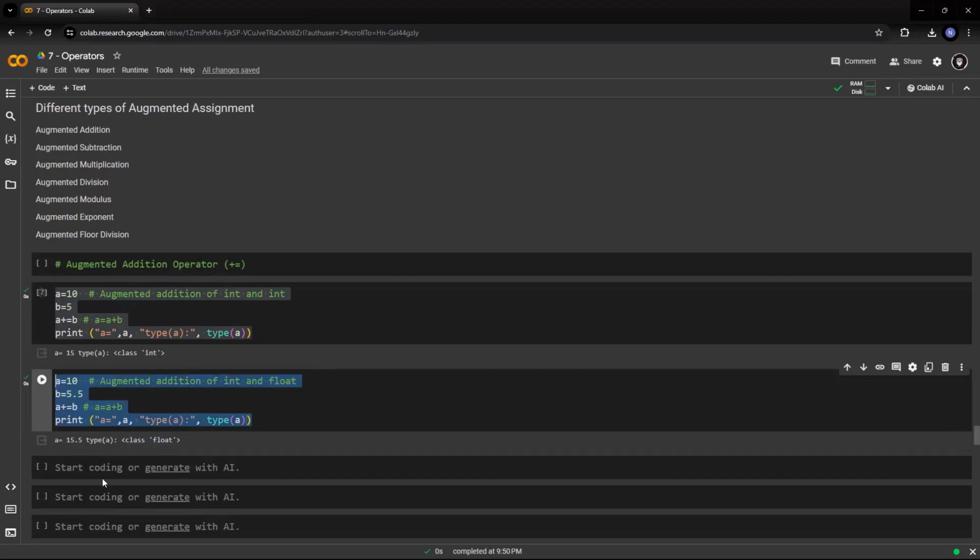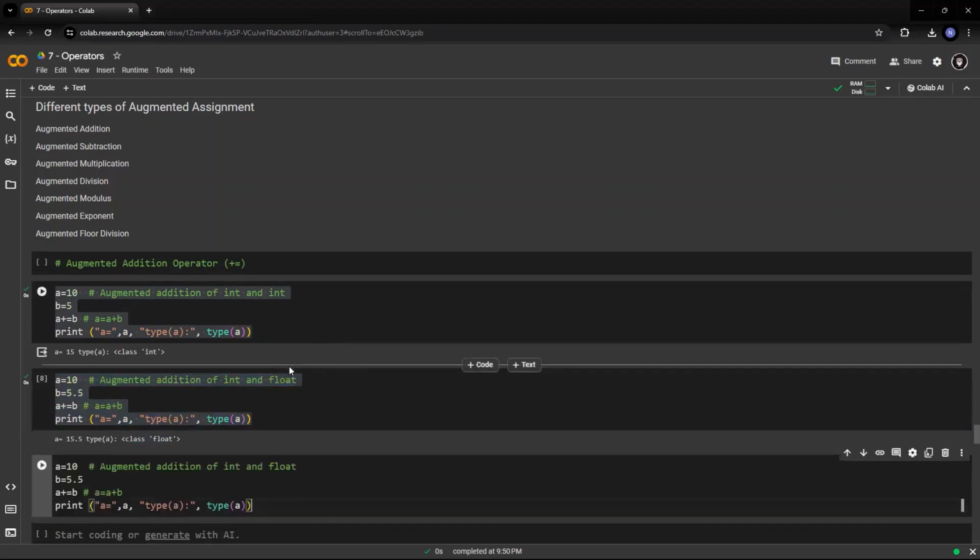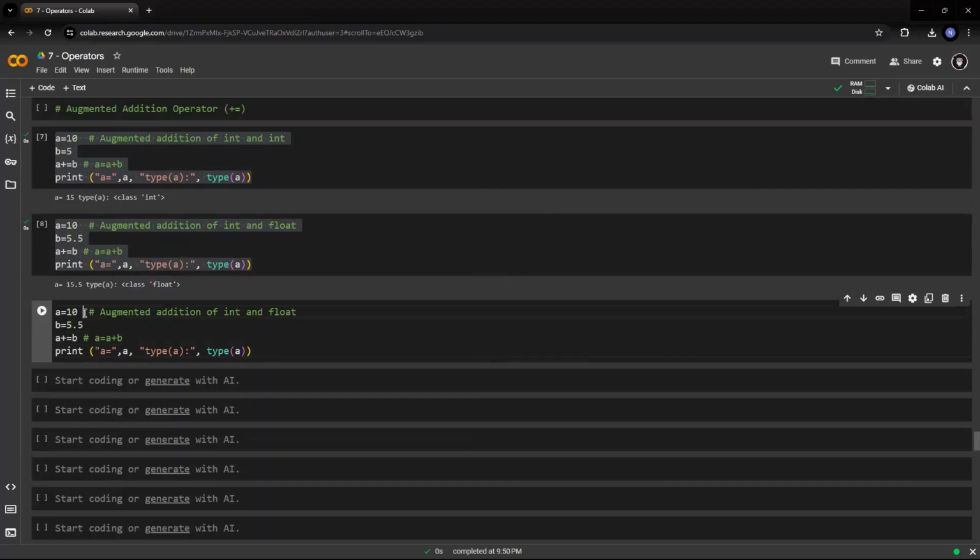Let's see with a float and a complex number. So if I make this 10.5 and then make this 5 plus 6j, which is a complex number, a complex and a float number.